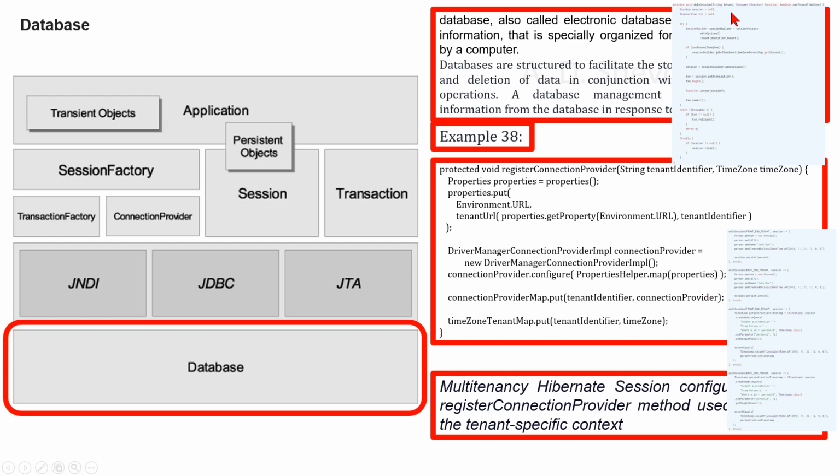Here the Hibernate session can be configured using tenant specific context. So if we set the useTenantTimeZone parameter to true, Hibernate will persist the timestamp properties using the tenant specific time zone.